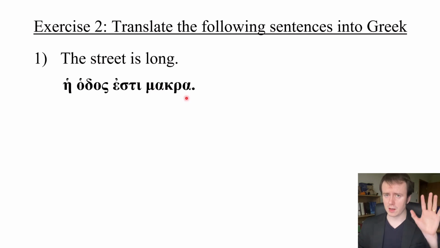So in the feminine singular forms, instead of using eta, those adjectives use alpha, in particular a long alpha. Now you could have had this as hodos makra estin. You could have put the verb to be at the end and it would still be correct.